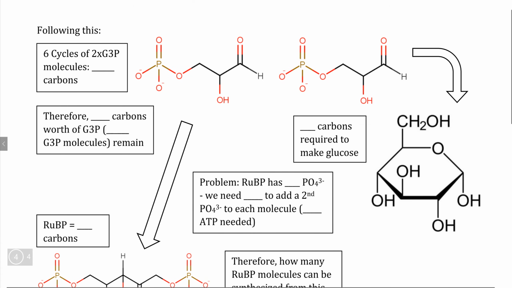So as we recall, 6 cycles of producing 2 molecules of G3P will result in 36 carbons.